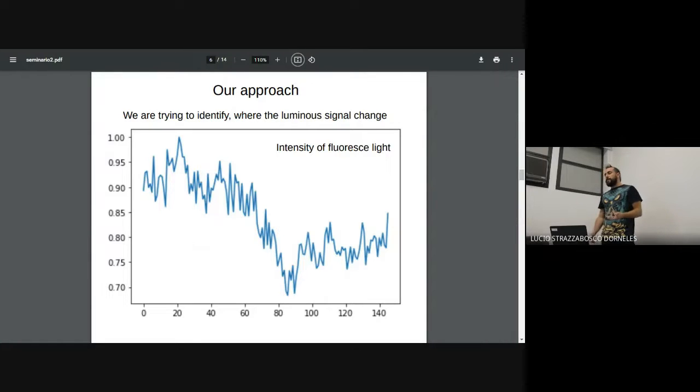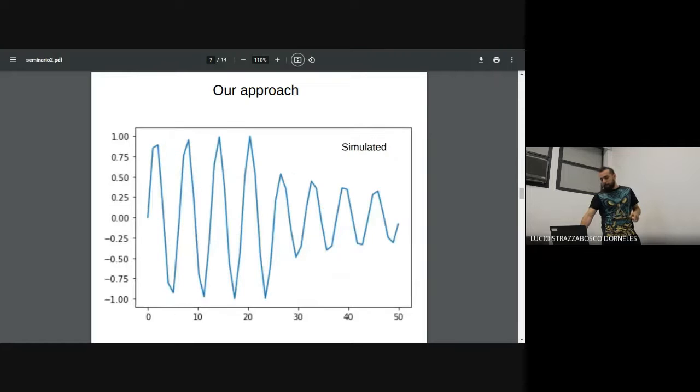But here we can say, oh, it will start to divide. It's when this cell will start to prepare itself. So in our approach, using this data, we simulate other data just to see if our approach will work.